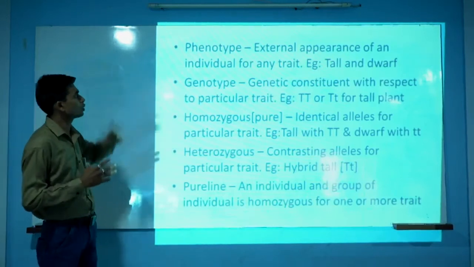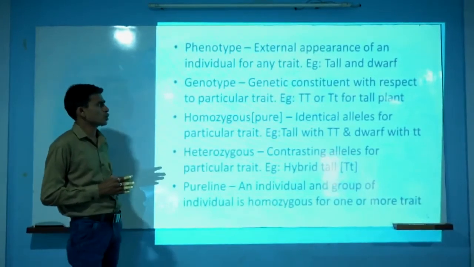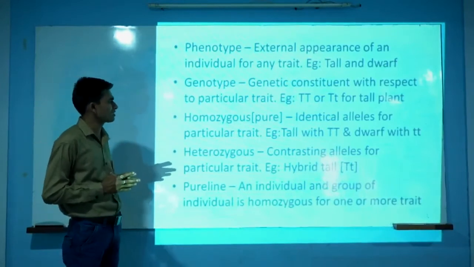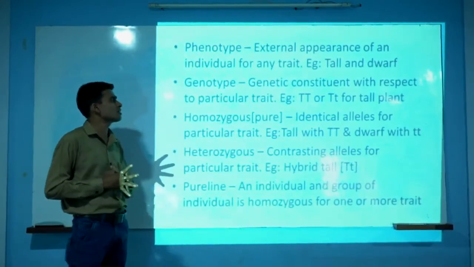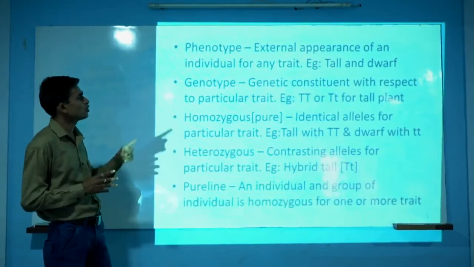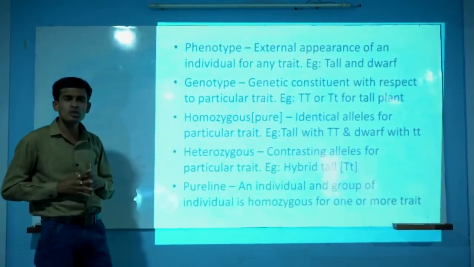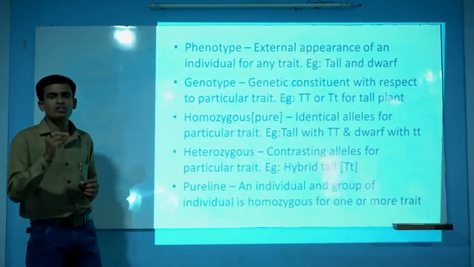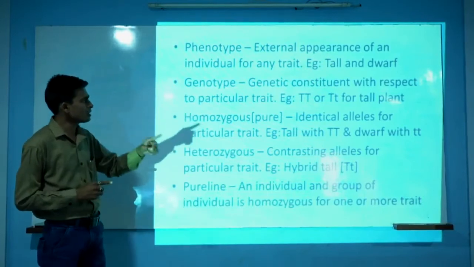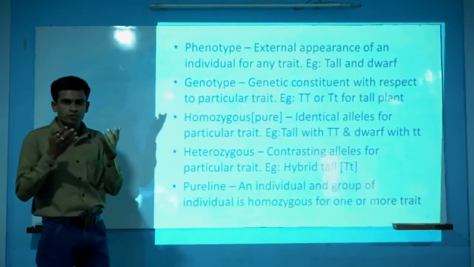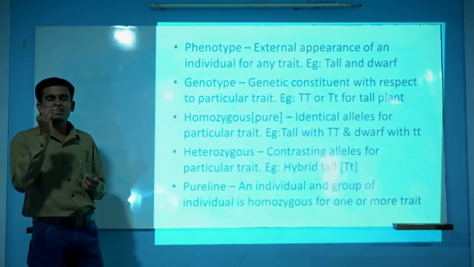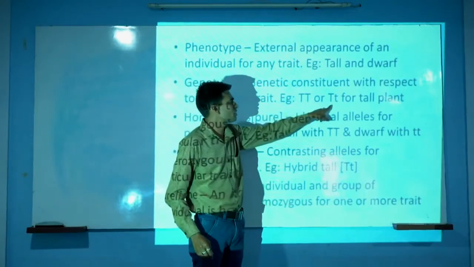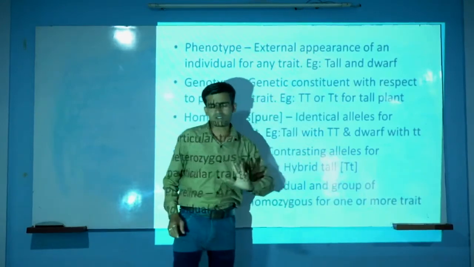These are the external appearances or external forms of those characters. That is phenotypes. Next one, genotype: the genetic constitution with respect to a particular trait, for example capital T capital T or capital T small t for a tall plant. Here the actual genetic constitution is meant for the expression of the character. So for the tall plant, the actual genetic constitution is either capital T capital T or capital T small t.